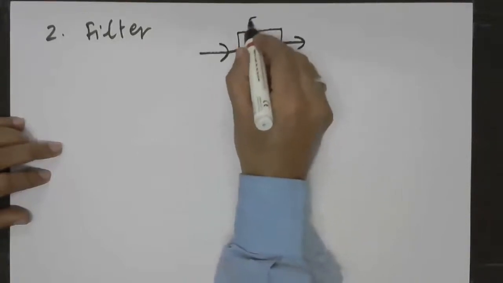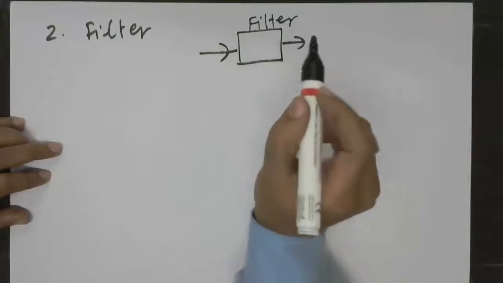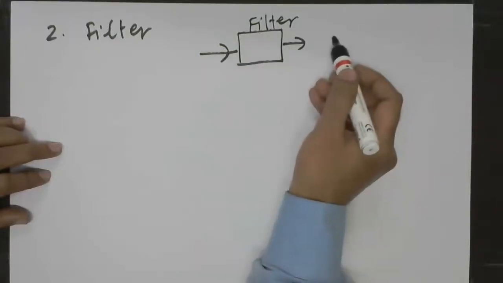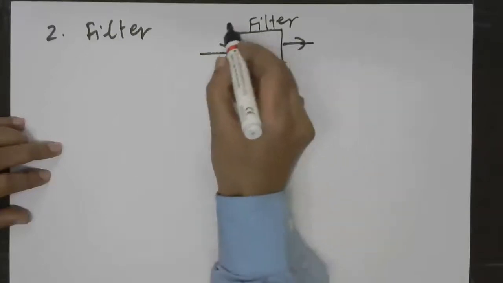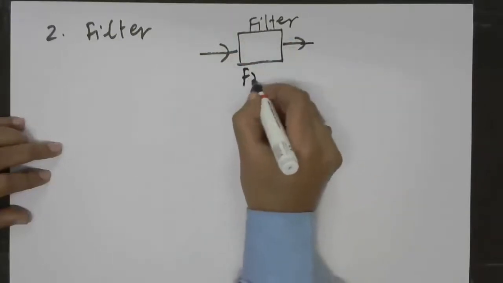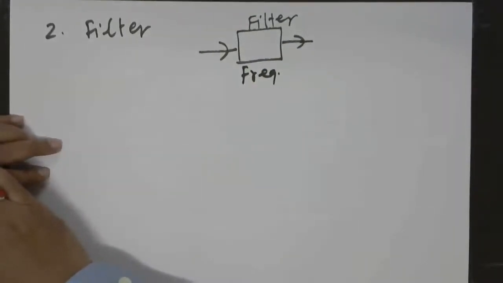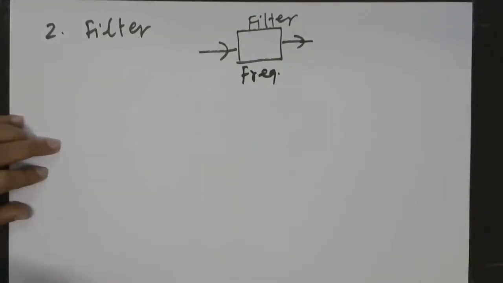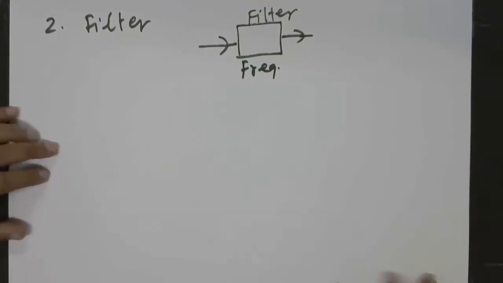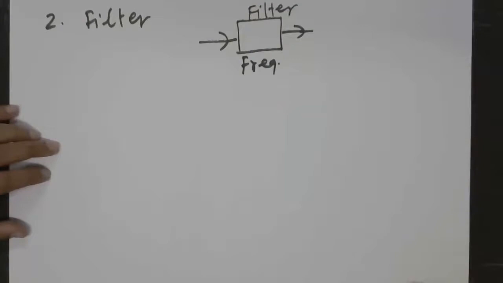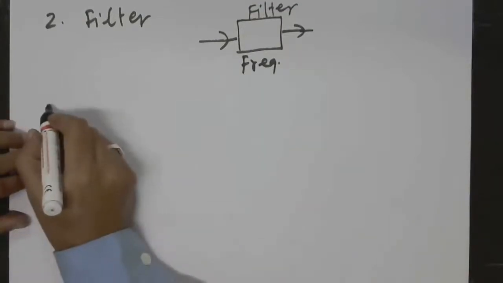So this filter actually stops certain frequency components from reaching the output side. To be more precise, this is a frequency filter. And all the useful circuits invariably have filters, because the signal that comes from real life invariably contains many unwanted signals also. So that is going to be the second module.